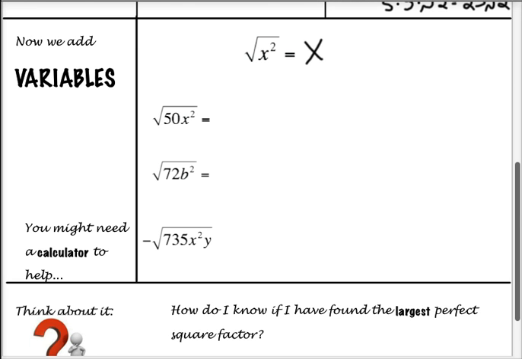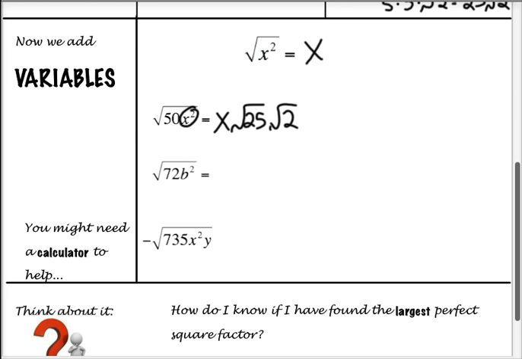So let's take a look at how to deal with examples like that. So the square root of 50x squared. So again, we have a number of 50. So hopefully you can see that that breaks down into 25 and 2. And now that x squared that's right there, I'm actually just going to pull that out as an x.